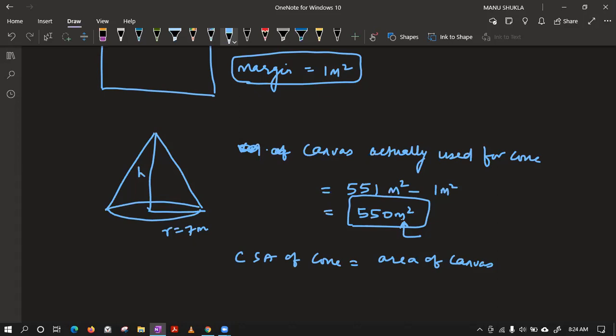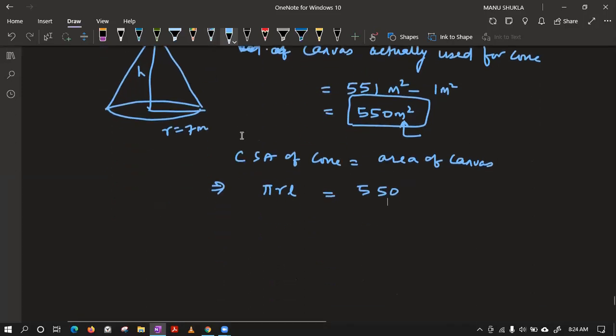Single layer is there only, so we can say the CSA of cone is equivalent to area of canvas. Now we all know the CSA's formula is pi r L, which is equal to area of canvas, that is 550. Now just put the values, it will give you the value of L. So before finding the value of L, you can also make it alone, or you can put it over here also, no problem, pi into 7 into L.